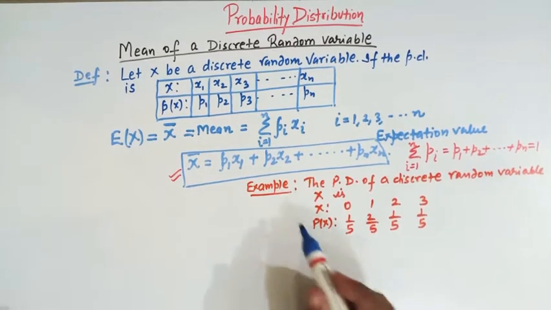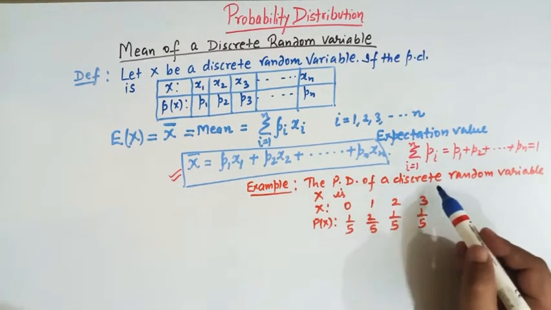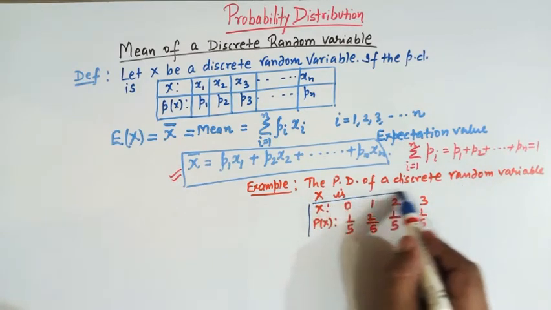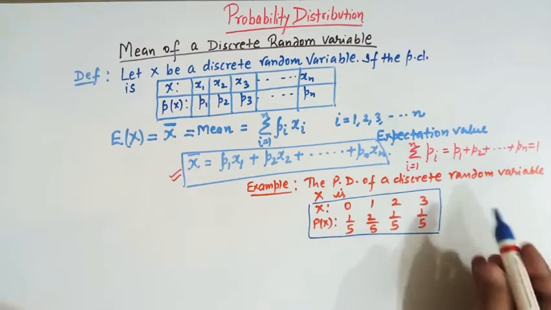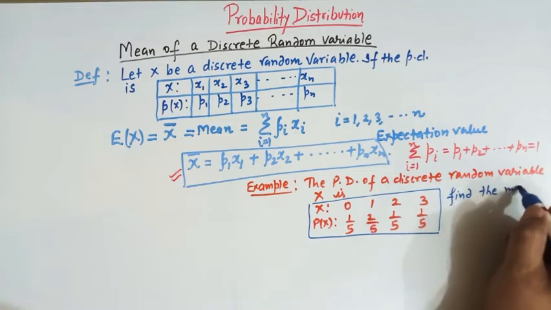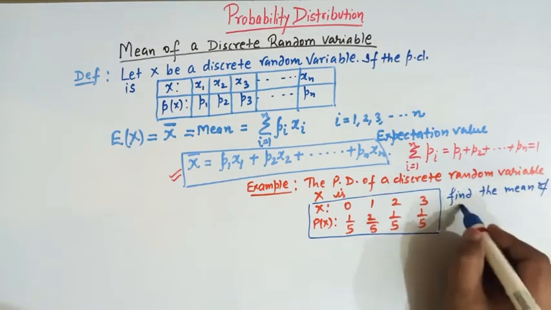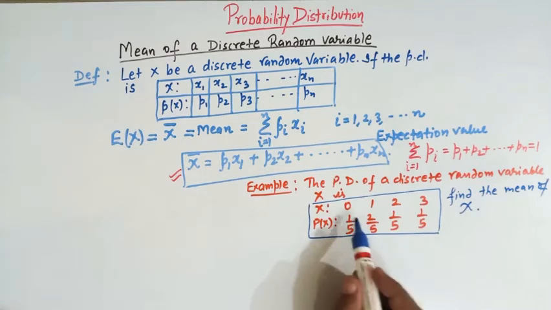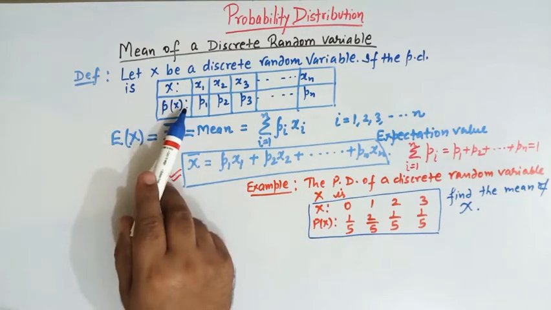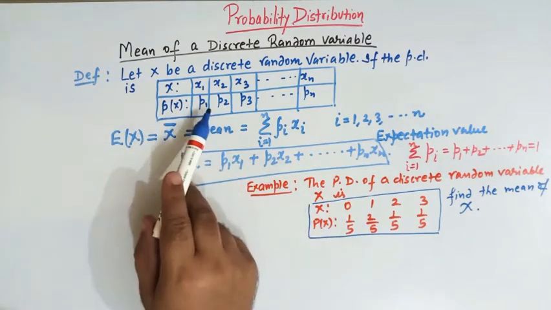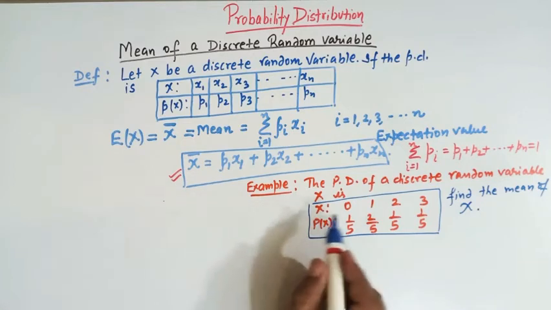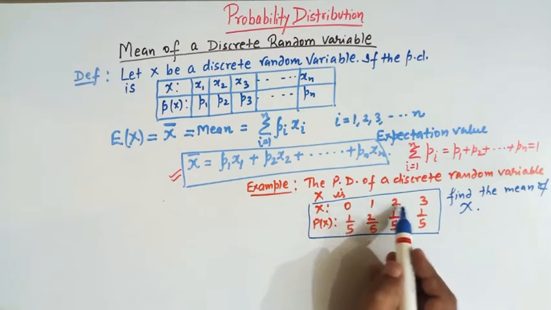Now let us take this problem. Here the probability distribution of a discrete random variable x is given by this table, and we have to find the mean of the random variable x. So if we compare this table with this one, then we see that the random variable x takes the values 0, 1, 2 and 3.